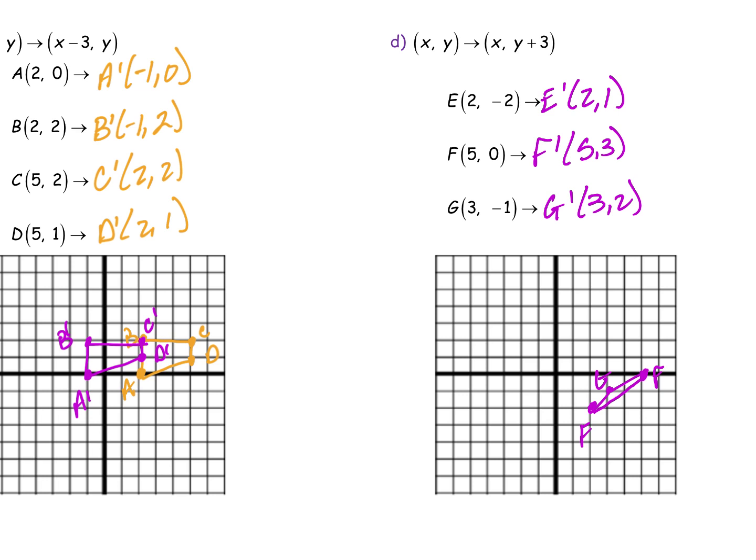And this one is E prime, this one's F prime, and then 3, 2 is G prime. Okay. Good? Not too bad.